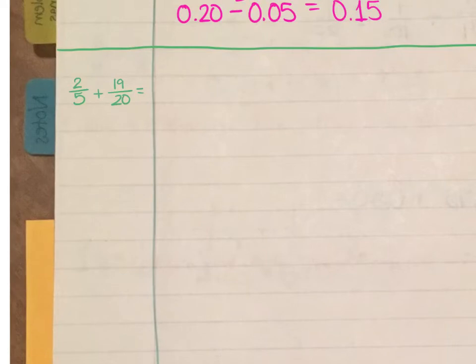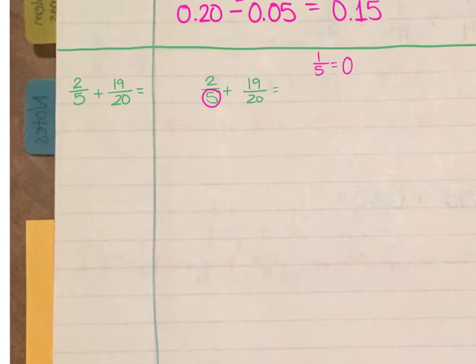Now write our next problem. 2/5 plus 19/20. Then you can rewrite it over here so that we can show our work underneath. So, we need to be thinking in fifths now. A fifth is worth how much of a dollar?